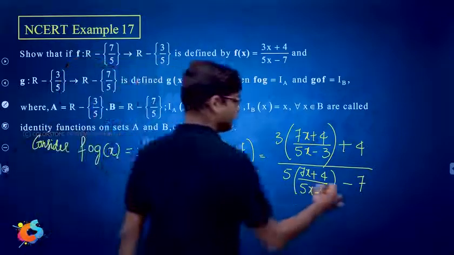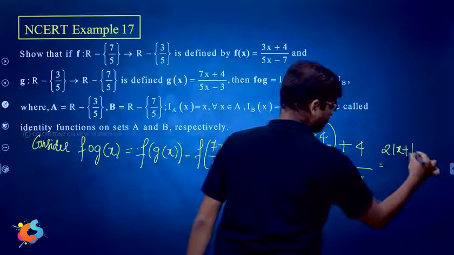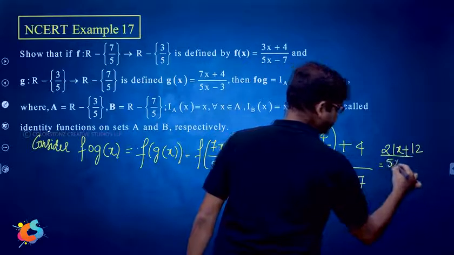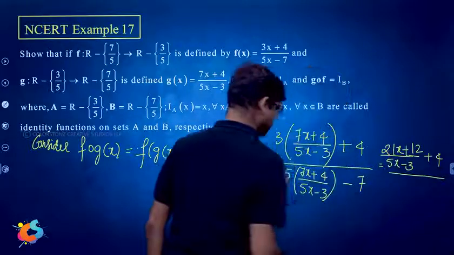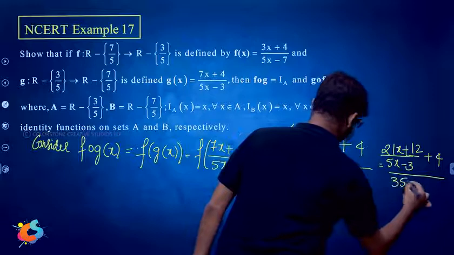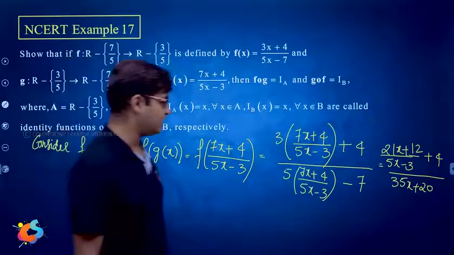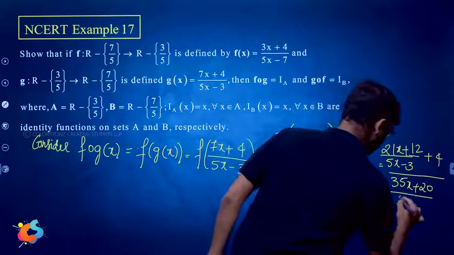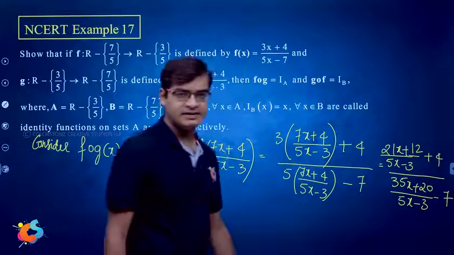Let us see. So here this can be written as (21x plus 12) divided by (5x minus 3), plus 4, divided by (35x plus 20) divided by (5x minus 3), and minus 7. Now you take LCM.